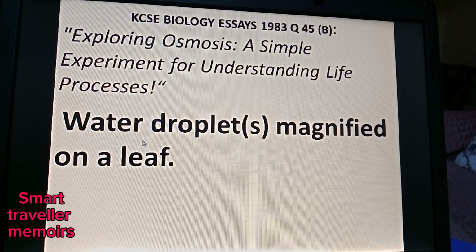In this video, I'm just going to start by trying to show you how we can notice that osmosis is taking place by just mere observance of the behavior of plants and water. So let's move.